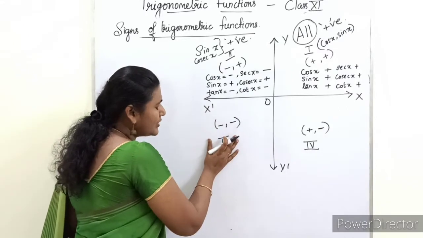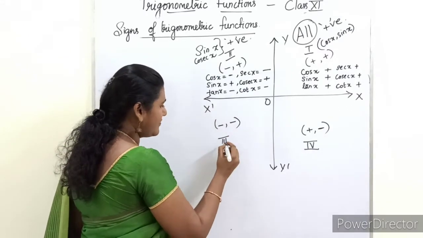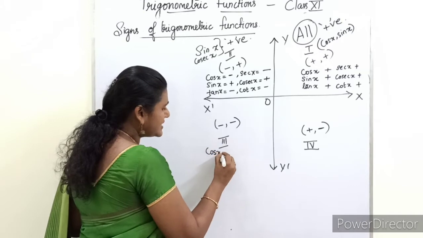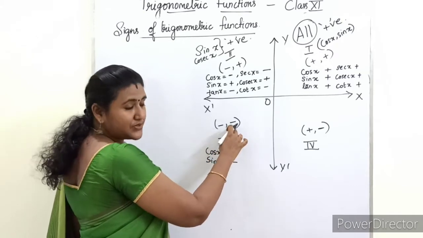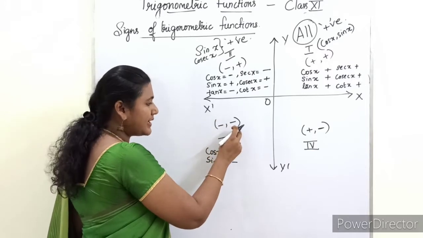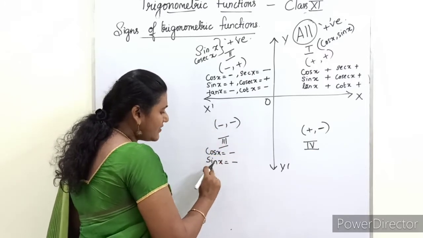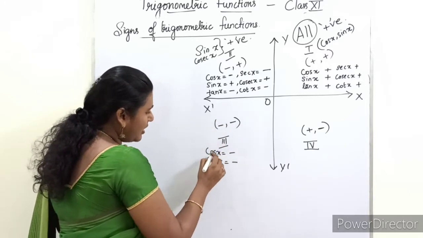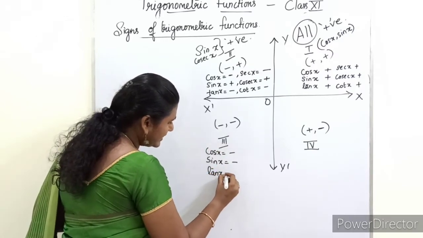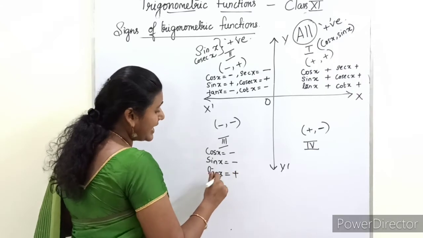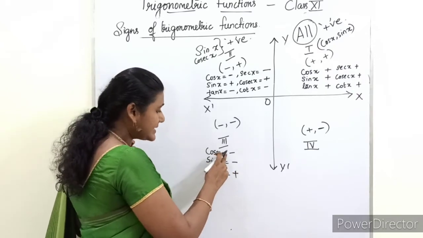Now if we move on to the third quadrant, here cos x is negative and sin x is also negative, because both the x coordinate and y coordinate are negative. Then what about tan x? Tan x will be positive, because tan is sin by cos.